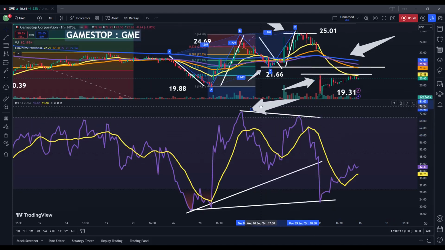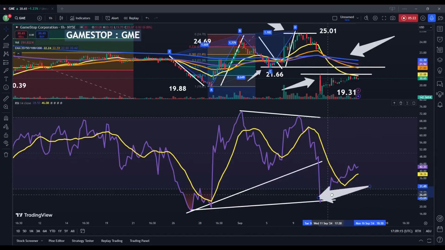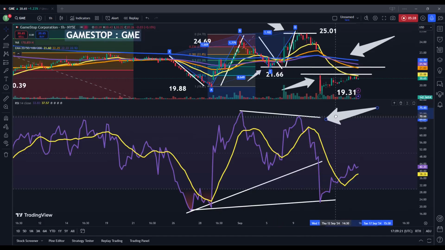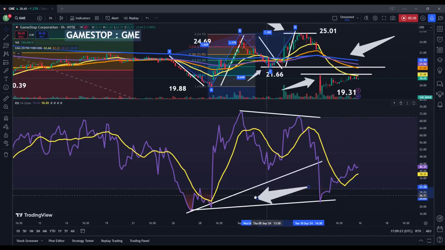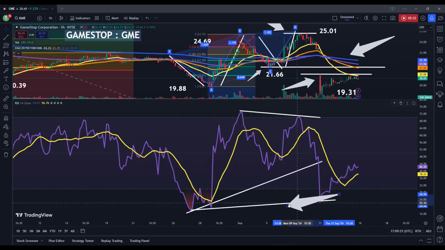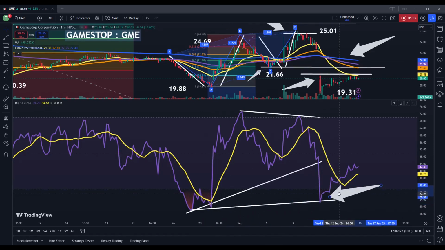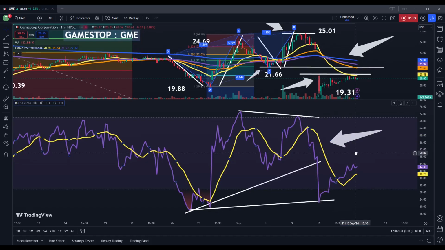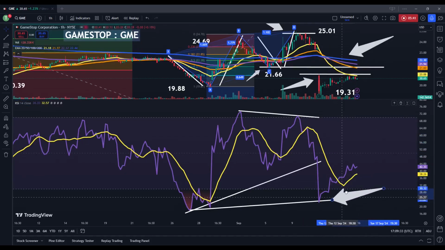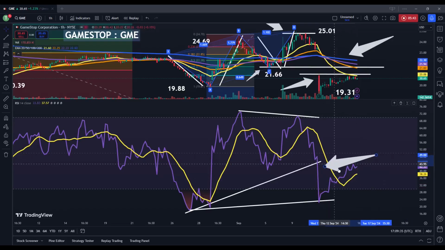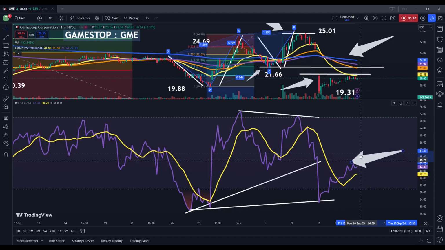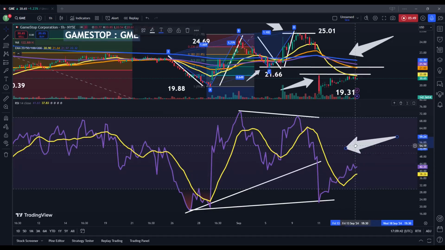Overall, the longer term reading does remain positive in relation to the shorter term reading, which is still negative. So we are seeing some downside price movement there as well. But we can see that the longer term perspective here, this longer trend line, is still in the positive direction. So there are a couple of positive signals here that can be pointed to. You did also break out of oversold territory with the relative strength index, the purple line moving above the yellow line, which is the exponential moving average of the relative strength index.